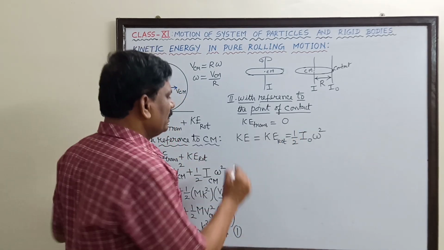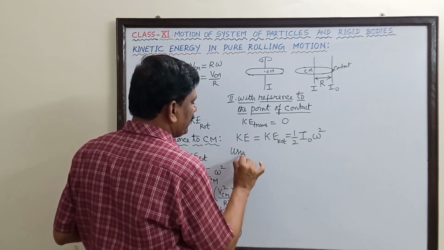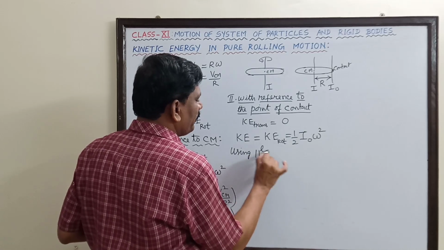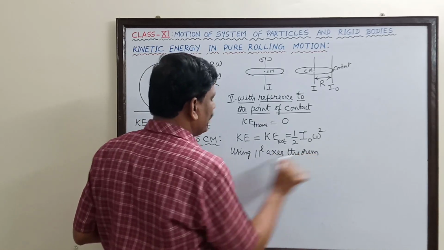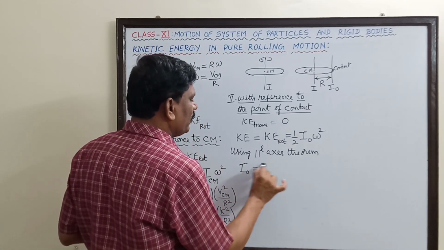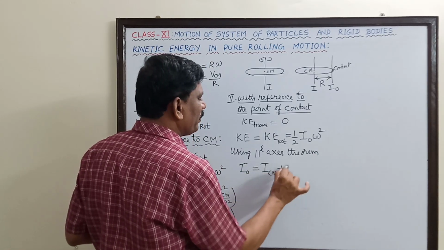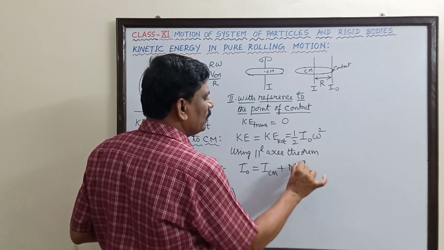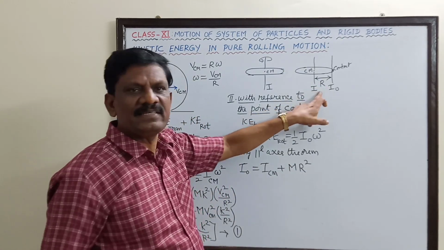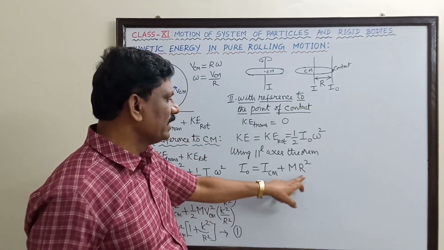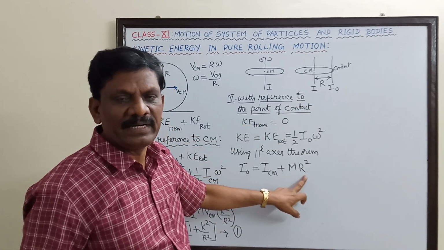Using the parallel axis theorem, we can write that I0 is equal to I center of mass plus m into the distance square. The distance between the two parallel axes is equal to the radius, so this is mass into r square.